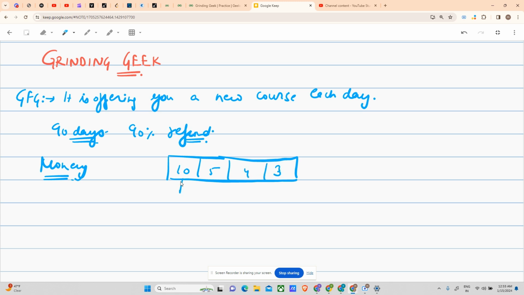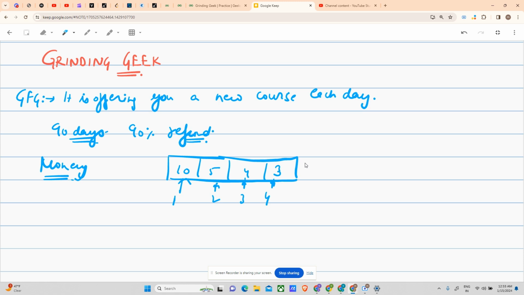The array holds the price of the course on day 1, day 2, day 3, day 4. Remember that the course on day 1 can be bought on day 1 only, not on any other subsequent day. Similarly, the course priced 5 can only be bought on day 2, not on 1 or 3 or 4, and so on for the rest, 4 and 3.